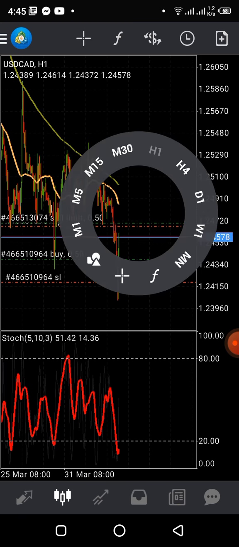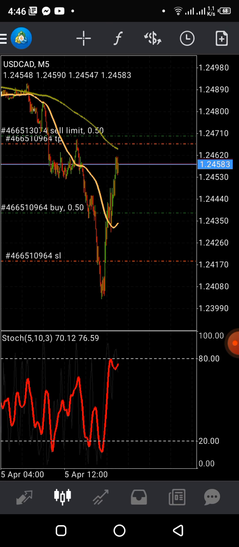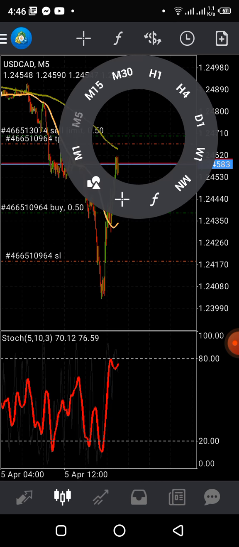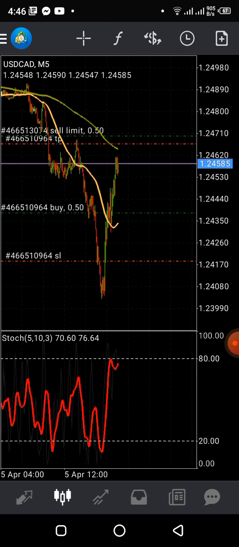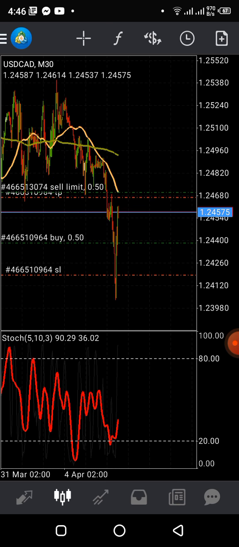So one of the things you have to note is that when you're scalping with this strategy, you find the closest 200 moving average to take profit or to find an entry. The closest for me right now is the 200 moving average on 5 minutes. If I'm going to extend this trade a little bit more, I'm going to look into the 15-minute time frame and hold the trade.